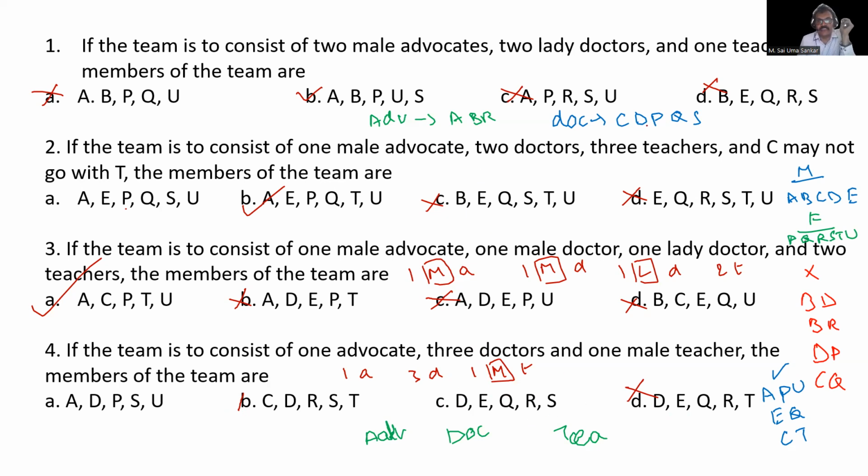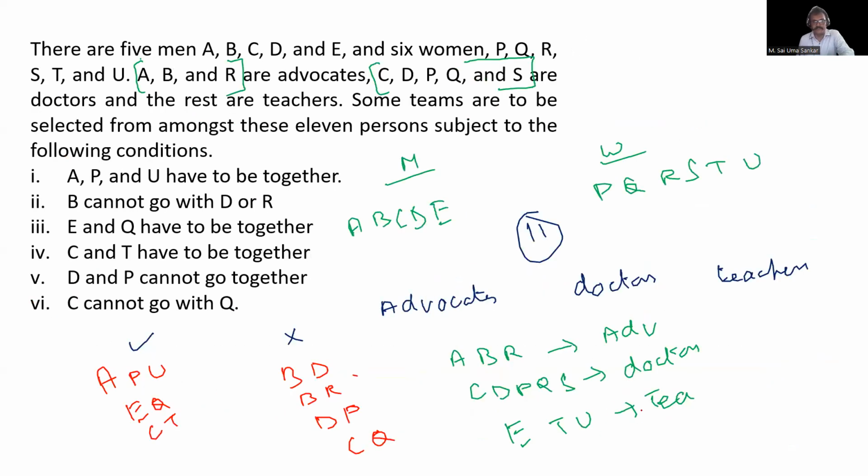Any one of C, D, P, Q, S, P must be there. So P is there. And next, C, D, P, Q, S. C, S, two doctors. And remember here teachers is also there. What about the teachers? ETV, ETU.